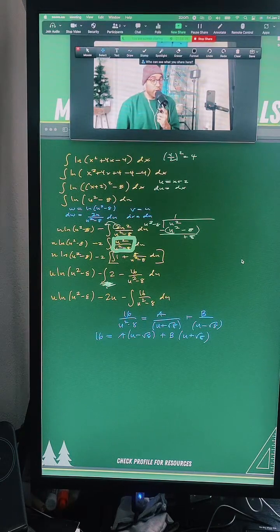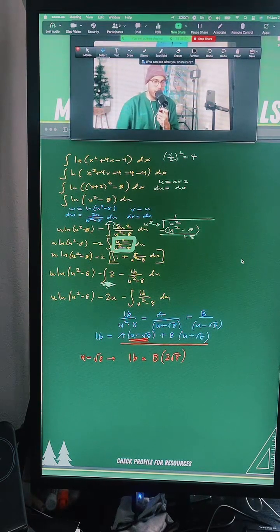So on this partial fractions, notice that we can make u equal to root 8. That's going to make our equation equal to this: 16 equals, when you plug in root 8 to that first parentheses, root 8 minus root 8 is 0, so that cancels out. We're left with b times 2 root 8.